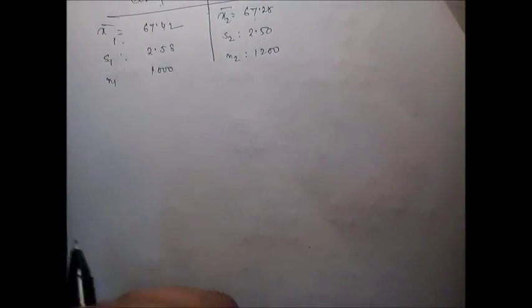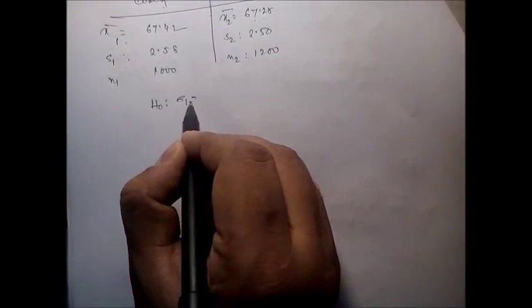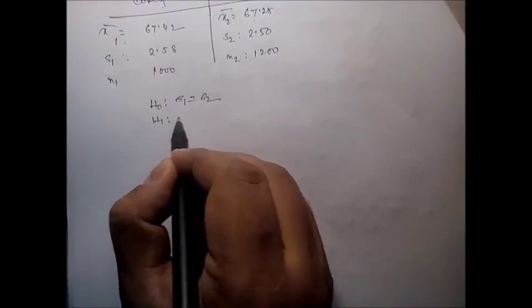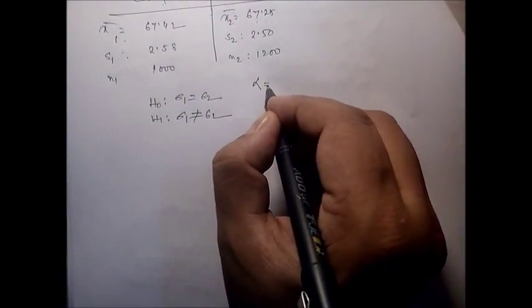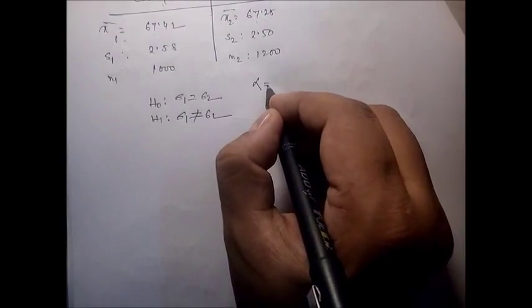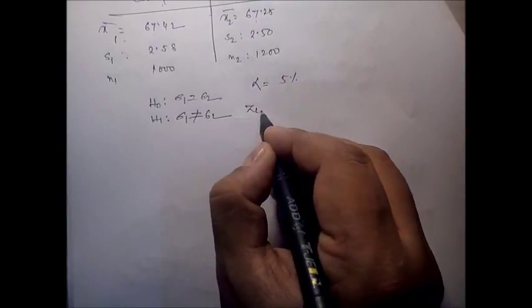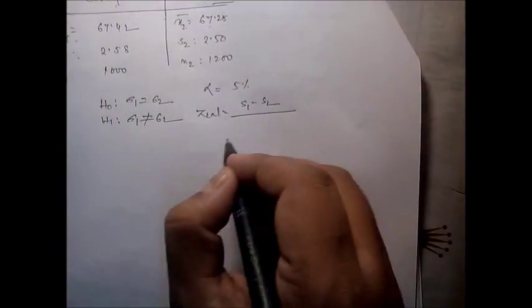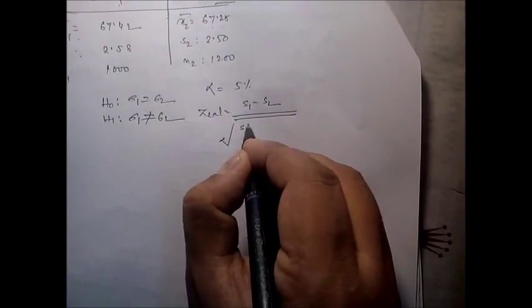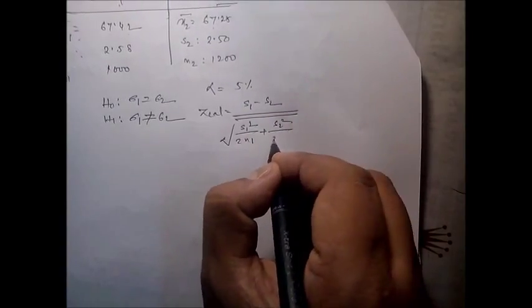Okay, so null hypothesis sigma 1 is equal to sigma 2, alternative sigma 1 is not equal to sigma 2. Level of significance, assume 5%. Now the Z statistic under the null hypothesis is S1 minus S2 divided by the square root of S1 squared by 2n1 plus S2 squared by 2n2.